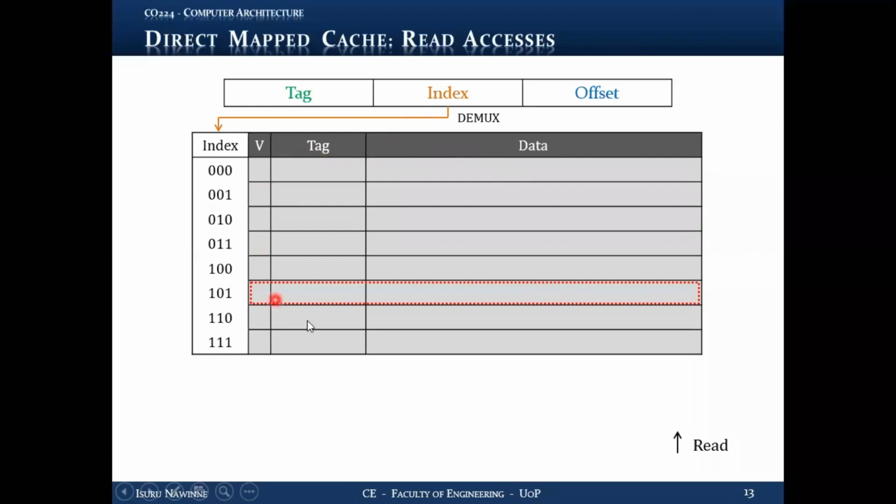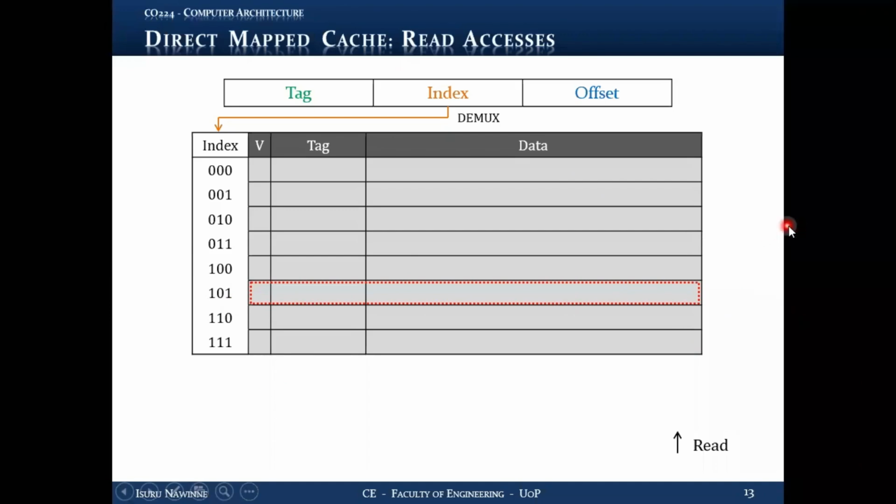We know the cache design is fixed: how many entries we have, what the block size is, and so we know which bits are the index bits. You can use a demultiplexer circuit to direct to the correct entry in the cache using the index field. For example, if the index field was 101 in our example, it denotes this entry. We have 8 entries in the cache and this is the one.